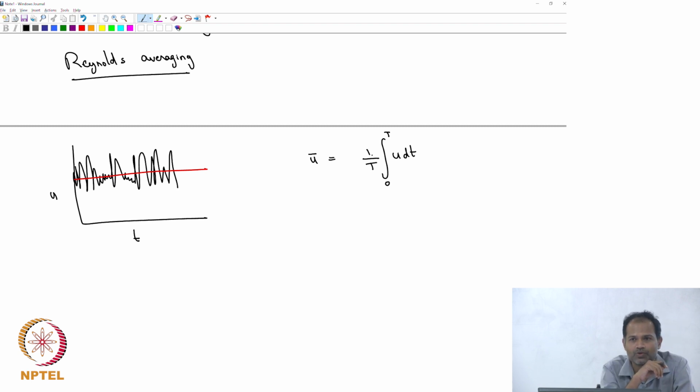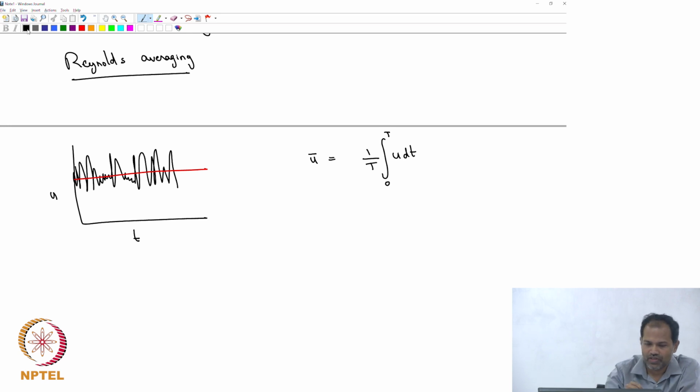So, I have taken a sufficiently long time t, I keep on adding the velocities, add up all of them and divide by my time period, and I get my average velocity. That is the u bar that I will have.